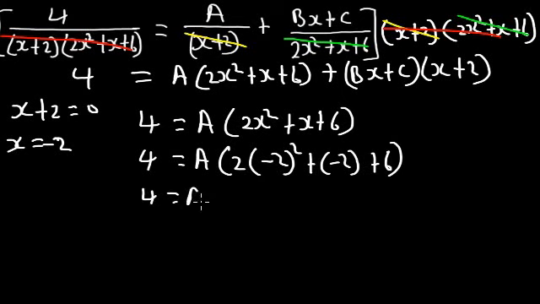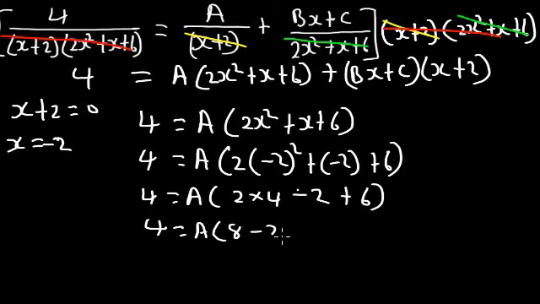And simplifying this forward, we have a in the bracket of 2 multiplied by 4. Negative 2 squared is 4. Then plus times minus 2, that's minus 2 plus 6. And that's 4 equals to a in the bracket of 8 minus 2 plus 6. And that should be 12.